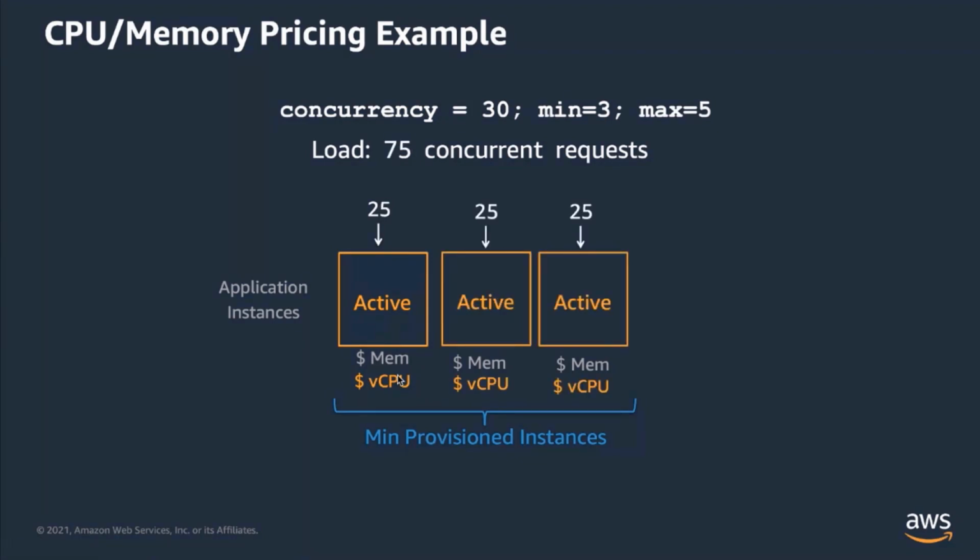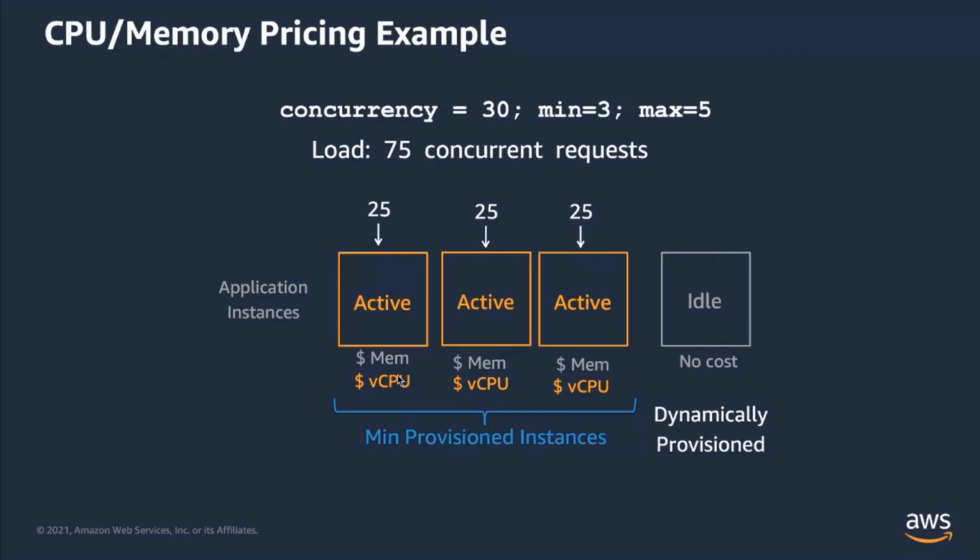And then as we ramp up the load to 75, we're going to activate 3 instances. Now, all 3 are processing requests, so you're going to pay for the memory and CPU for all of these 3 instances. And as we start to dynamically provision more instances over and above your min provisioned instances, as I mentioned, we may do this preemptively.